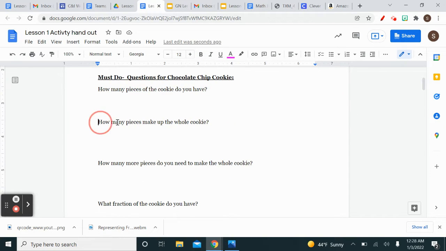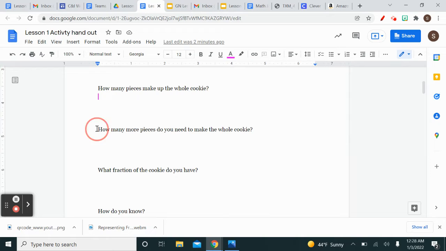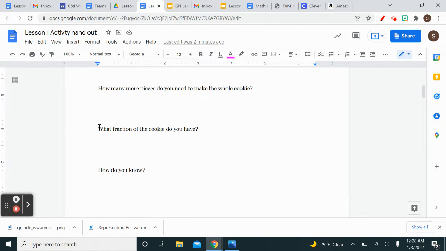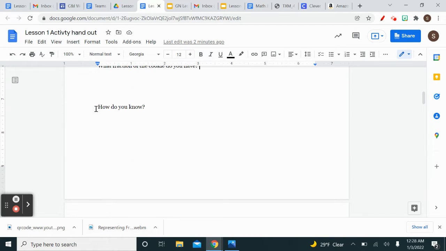Our next question, how many pieces make up the whole cookie? How many pieces do you need to make the whole cookie? What fraction of the cookie do you have? How do you know?